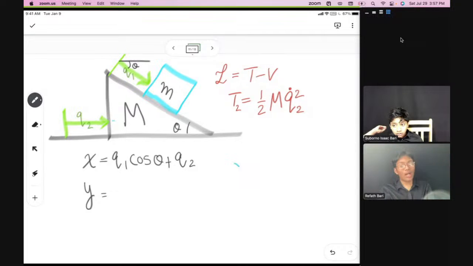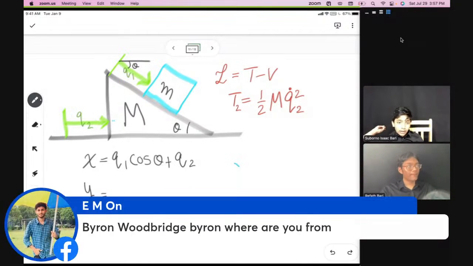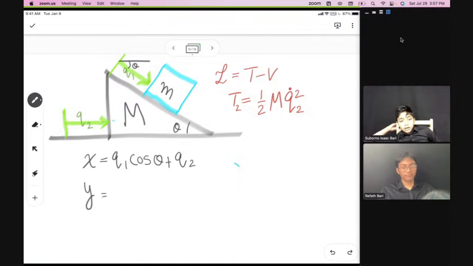Right, exactly. Not the mass. Mass is just obviously Q2. But we're just doing the block right now. So the y coordinate of the block is not affected by the plane. So we can just say, I believe, that it's Q1 sine theta. Absolutely.